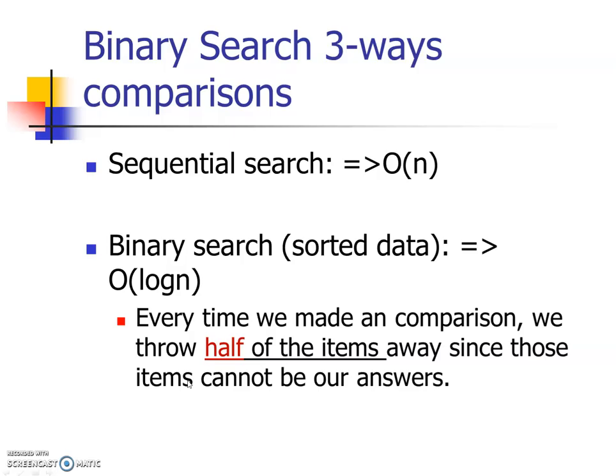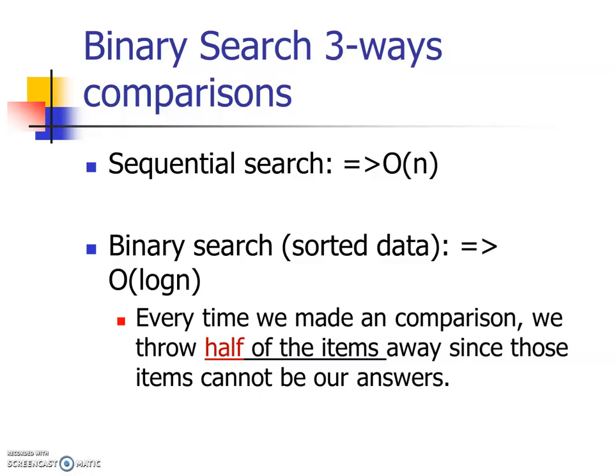To analyze this program, you will understand that for every single comparison, we throw half of the elements away, indicating that they cannot possibly be in the search space because this is a sorted array. Think about this.